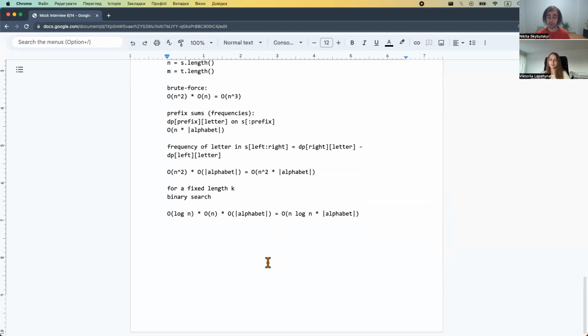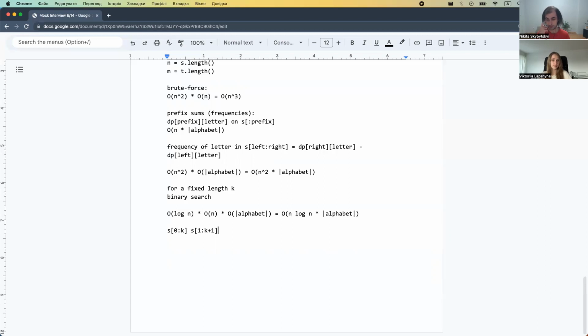Next thing we can use is that we consider all of these strings separately, as if they have nothing to do with each other. Now that is not true. When we consider s from 0 to k, and then we consider s from 1 to k plus 1, this is almost the same string, especially in terms of character frequencies.